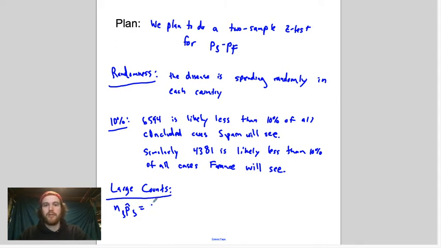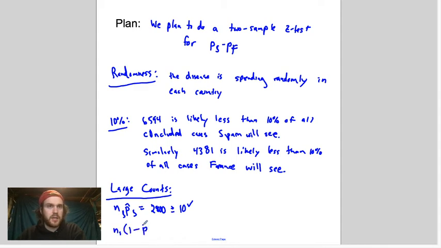And we know the number of fatalities is 2,800 in Spain. So this times the probability of death is going to give us this number anyways, and we know that that is greater than or equal to 10, so the large counts condition is satisfied. I feel guilty talking about this so casually.